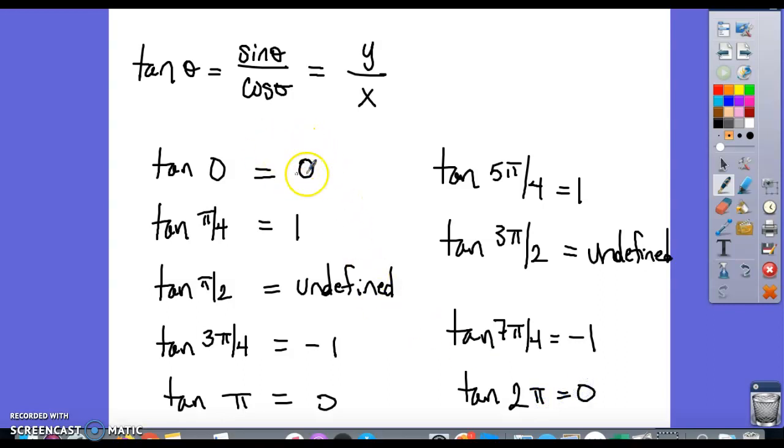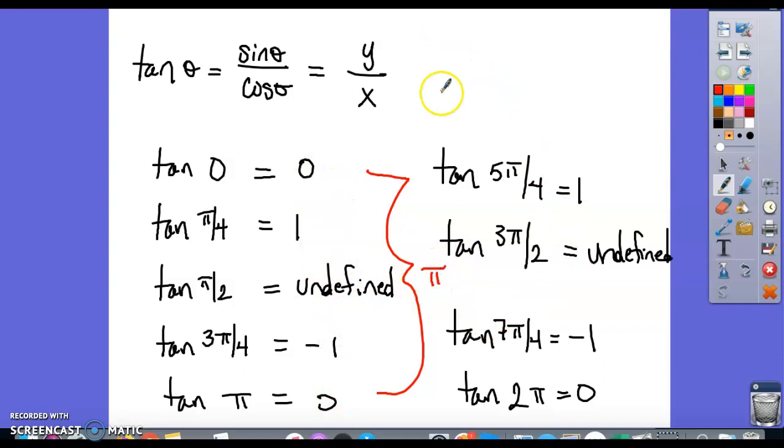All right, so we start here and we see 0, 1, undefined, -1, 0, 1, undefined, -1. The difference here with tangent is that instead of it taking us a full 2 pi radians for our cycle to start repeating, it only takes us half.